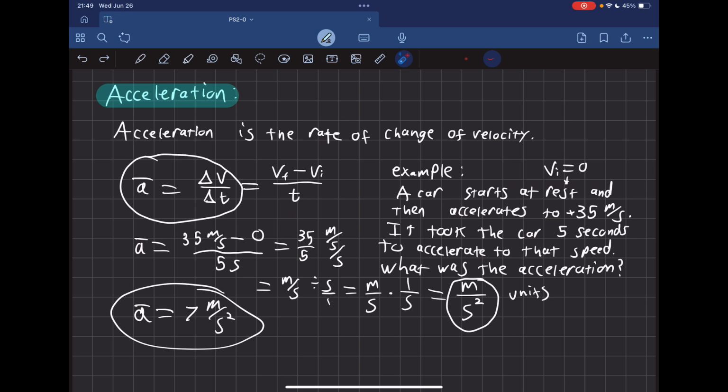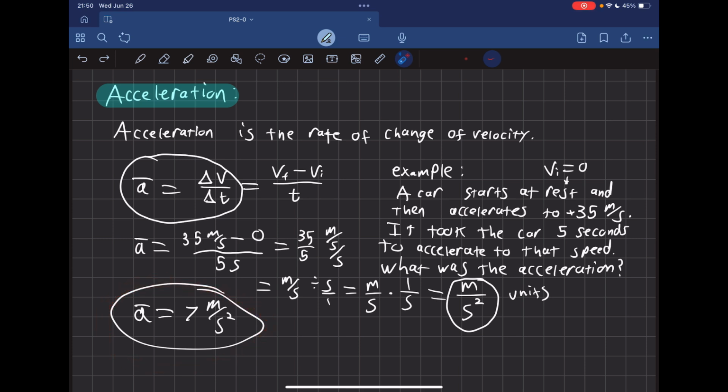That's what acceleration is. It's meters per second every second. How much are you gaining velocity every second? And velocity's units are meters per second. So it's 35 divided by 5 meters per second per second. That gives you an average acceleration of 7 meters per second squared.